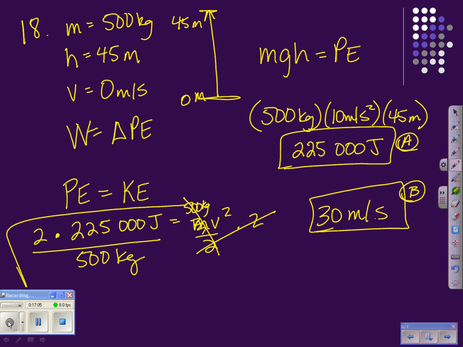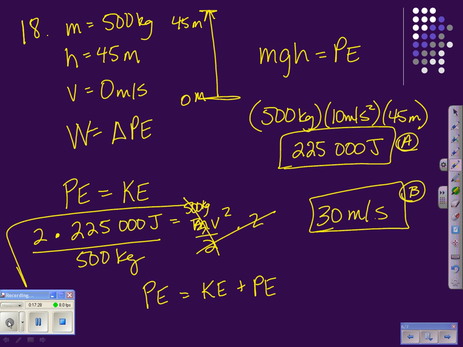Now on C, we want to know how fast the car will go at a point that's 29 meters above the ground. So remember that we're going to have kinetic and potential energy. All the potential energy that we started with will have to equal kinetic plus potential energy.